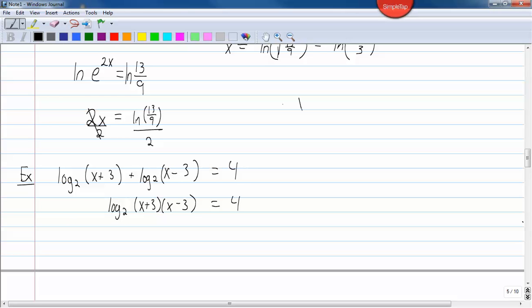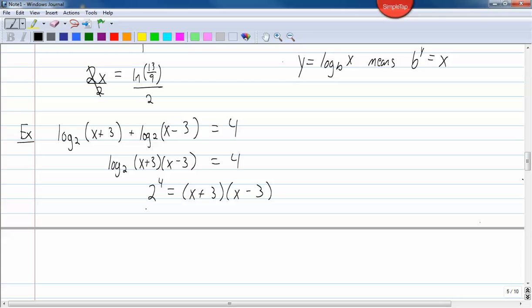You remember this? I said y equals log base b of x means that b to the y equals x. And so if I change it from this form over to this form, my base is 2, so this is 2 to the 4th power equals x plus 3 times x minus 3.